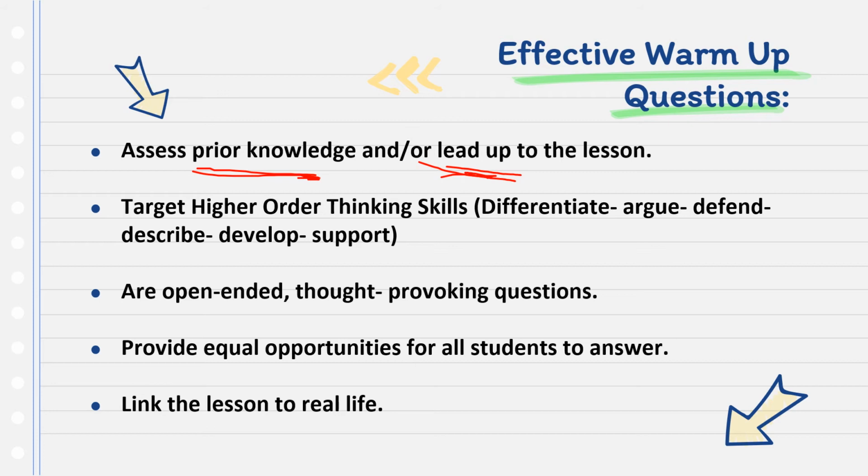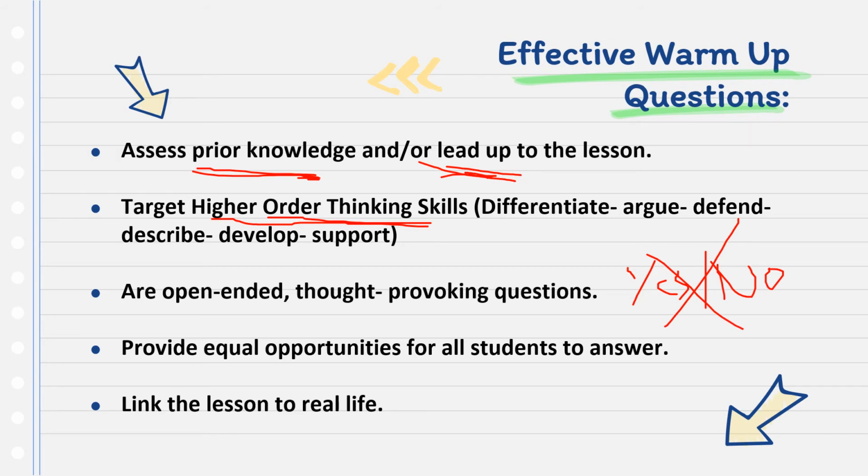The second thing, as we mentioned earlier, higher order thinking skills. I'm going back to Bloom's taxonomy. Go for challenging questions. Go for questions that ask students to argue, to defend, to support, to differentiate, okay, instead of identifying. And when you're asking them questions, don't ask them yes or no questions. Yes or no questions are a no-no.